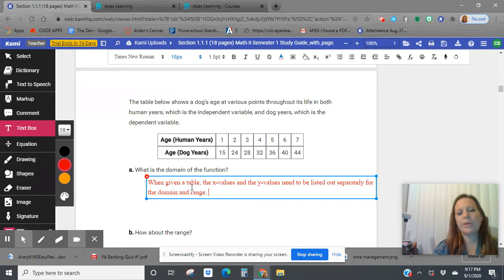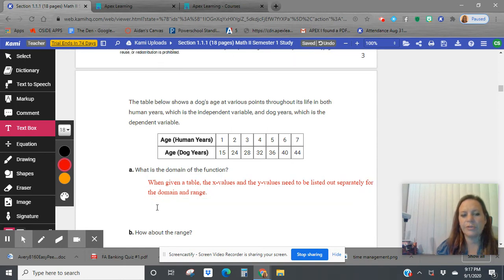Because we don't know what's going on in between these values, we only have these inputs and these outputs that are given to us in the form of a table. So as a general rule, when given a table, the x values and y values need to be listed out separately for domain and range.